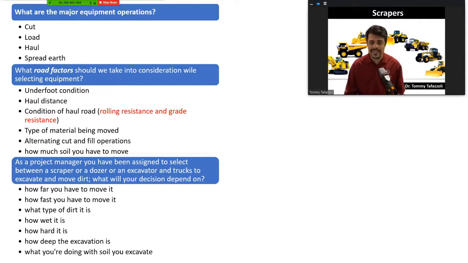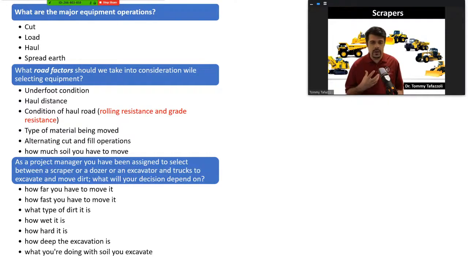How wet it is, which identifies how easily you could work with it. Is it too hard to work with, or is it flexible? How deep is the excavation? Depending on the depth, you could go with different types of equipment, and also what you're doing with the soil that you excavate.